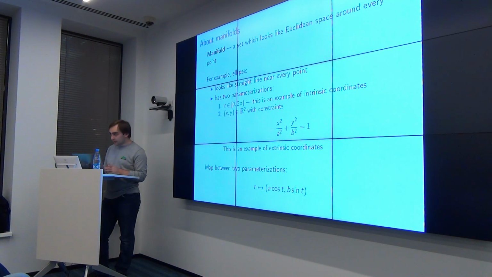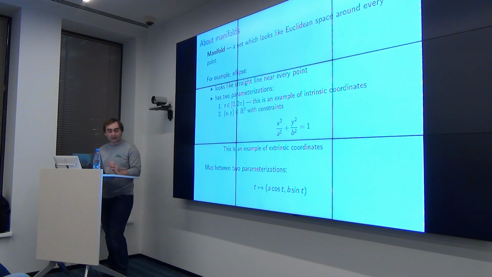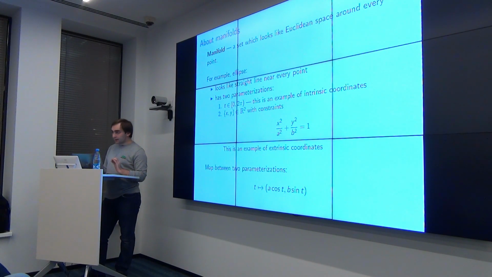But there is another parameterization. It's the xy parameterization, and xy belong to the plane. But in order to parameterize a one-dimensional manifold, we must have constraints on the xy. And we can say that the ellipse is embedded into the plane.